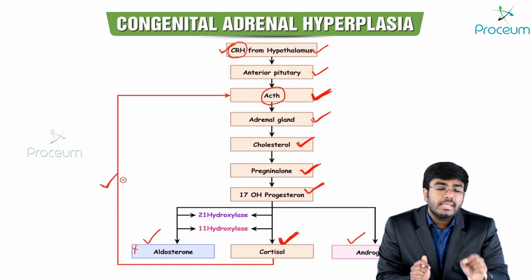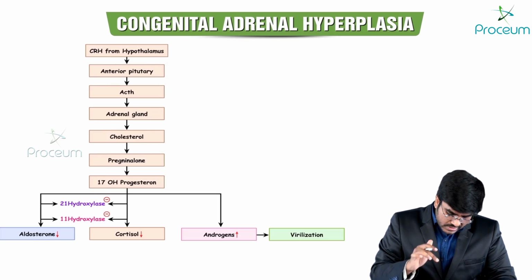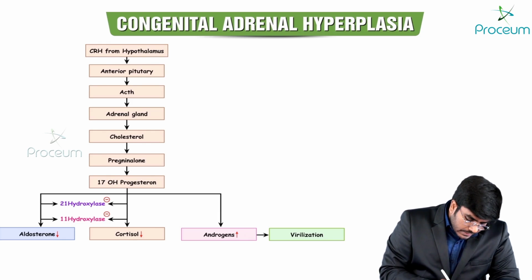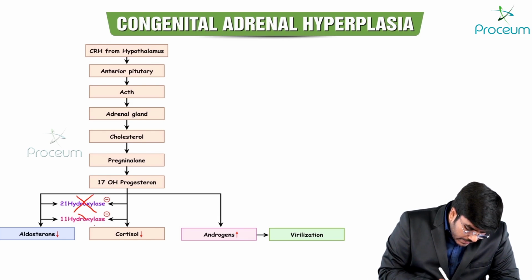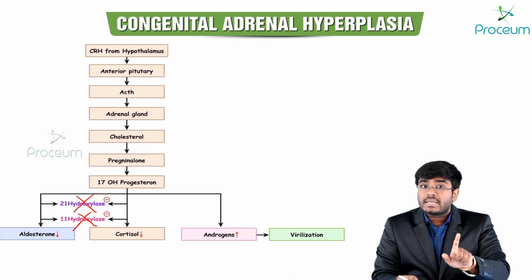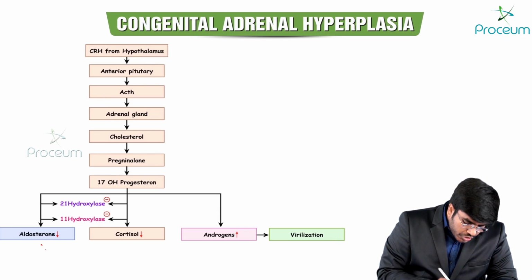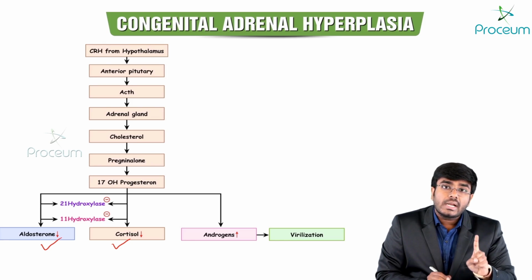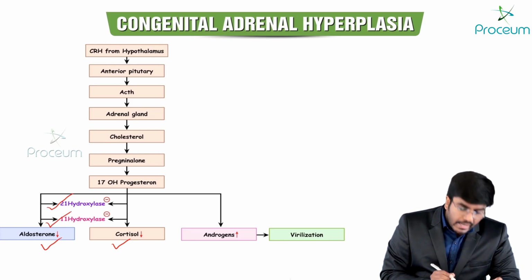But what's happening in congenital adrenal hyperplasia? Very simple. Please concentrate here. In congenital adrenal hyperplasia, the 21-hydroxylase enzyme is not there and the 11-hydroxylase enzyme is not there. Remember, for the production of aldosterone and cortisol, you need 21-hydroxylase and 11-hydroxylase.